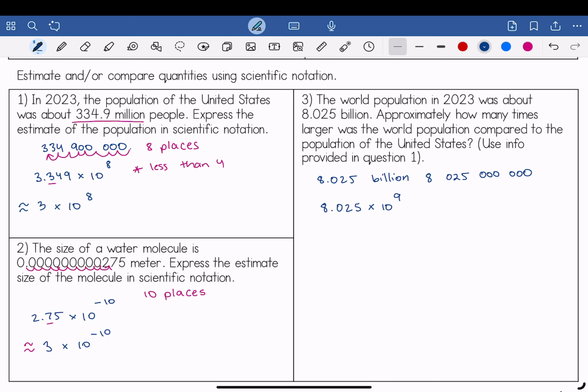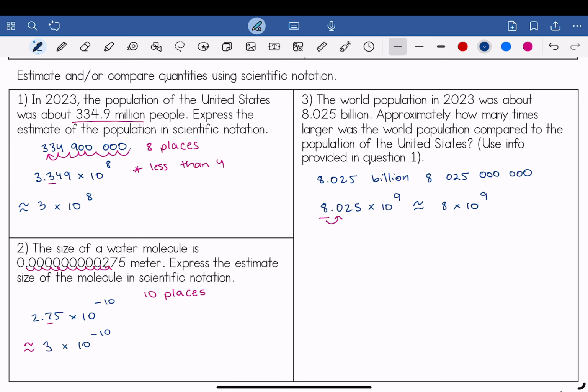If I round to the nearest ones, the number to the right is 0, so I'm going to keep the value of 8. Therefore, it's 8 times 10 to the power of 9.